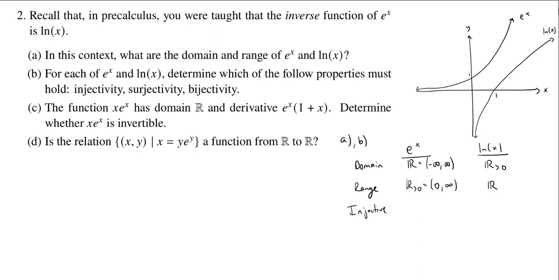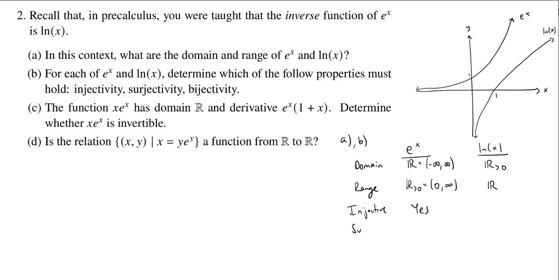But the point here is everything that is an image must have at most one preimage. And if we look at the graph of e to the x, we can see it's an increasing function. So absolutely, there is no y value that is going to be hit twice by e to the x. And so the answer is yes, it is injective.